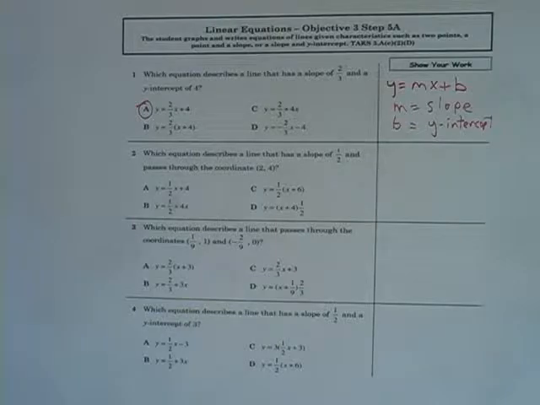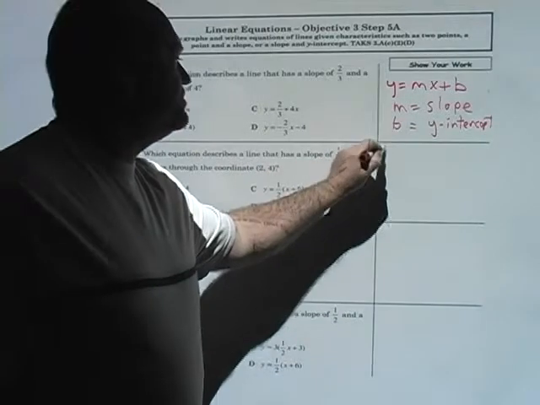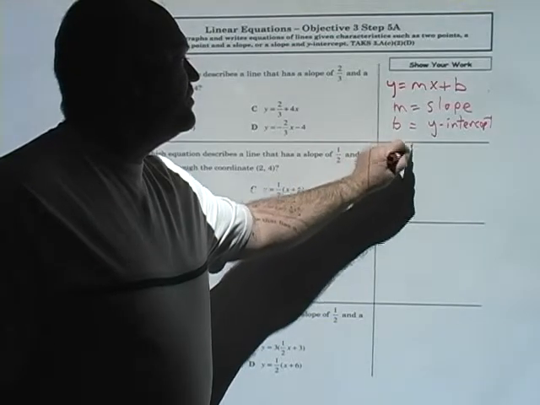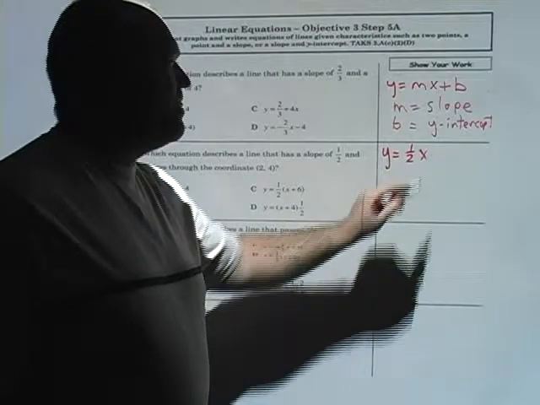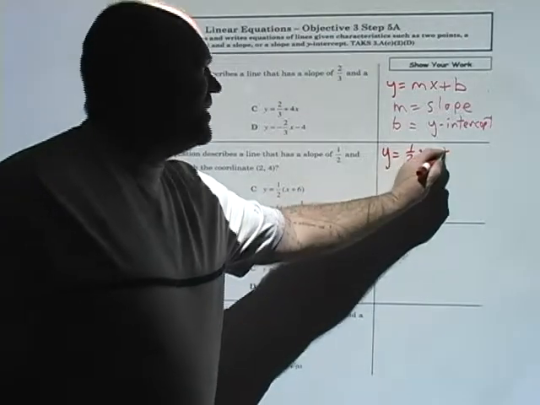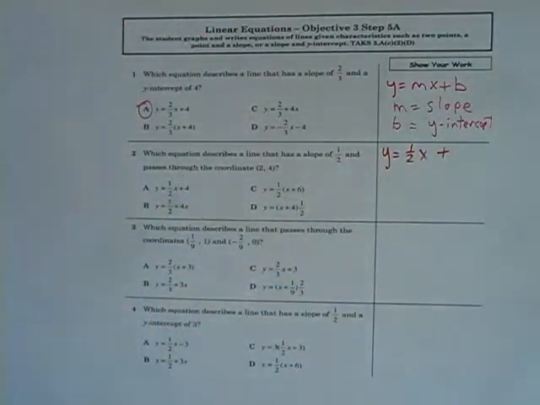Okay, now this is a little different. Okay, you have your slope, so you can plug that in for the m, but we don't know the y-intercept yet. So we're going to need to find that. Now, there are different ways you could go about doing this problem.